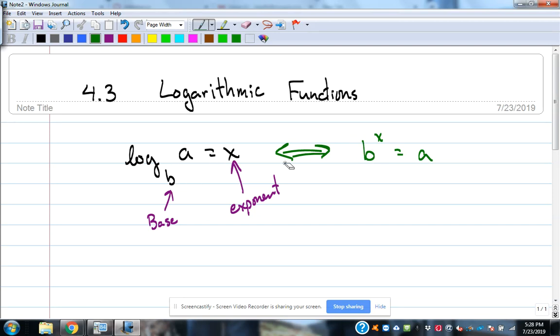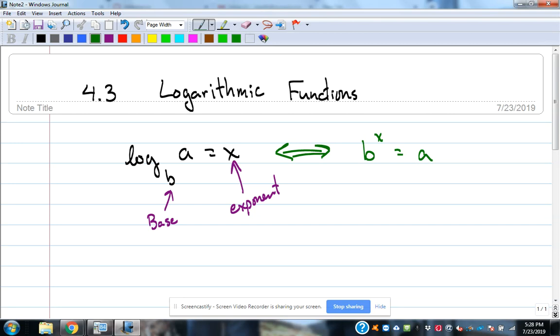So that's the relationship between logarithmic functions and exponential functions, is they are inverses of one another. And you can take a logarithmic statement and rewrite it as an exponential, or you can take an exponential and rewrite it as a log. And that's one of the first things that we're going to work on, is rewriting some logarithmic statements as exponentials, and then we'll write some exponentials as logarithmic statements.